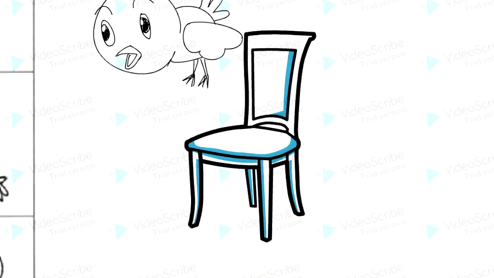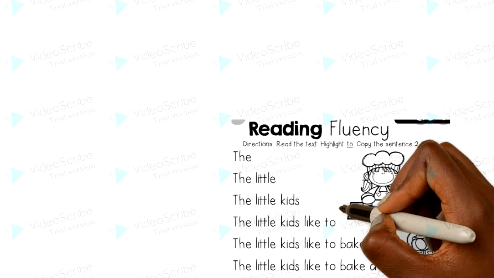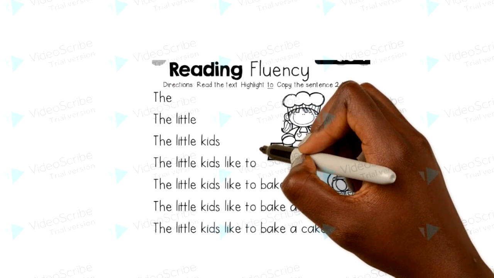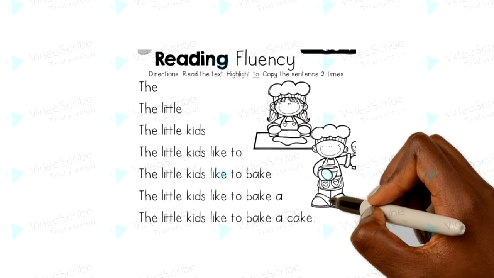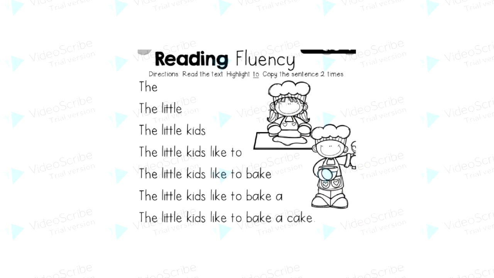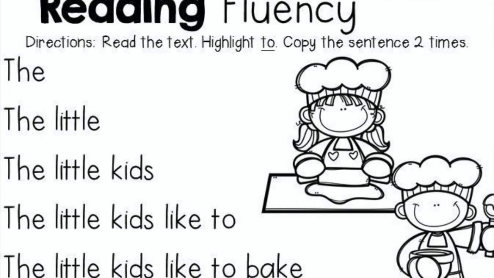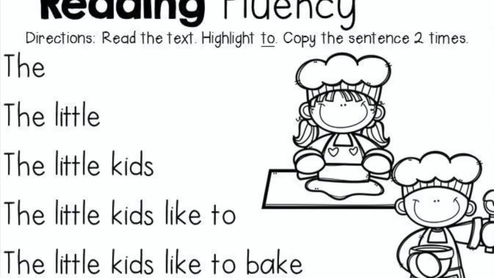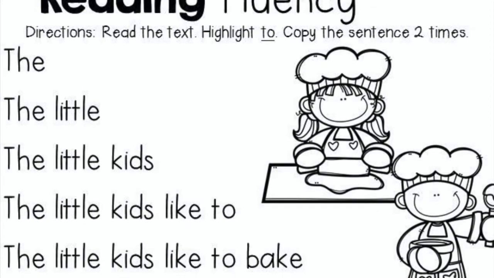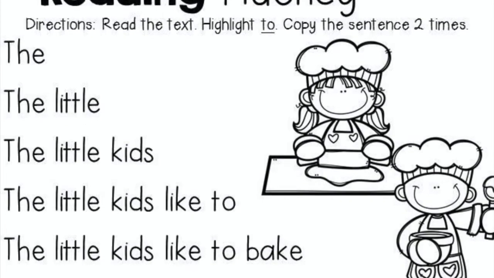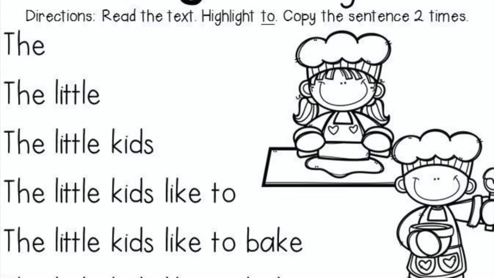As mentioned before, fluency is one's ability to read accurately and quickly. The goal is to have our students read as if they are speaking and not as if they are robots. One way to do this is to help students read by using phrases. In this example, students will read the text line by line.